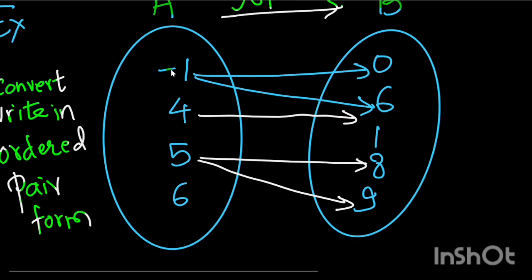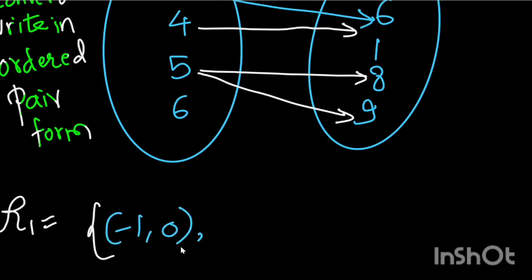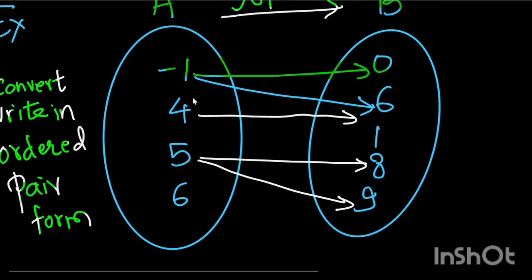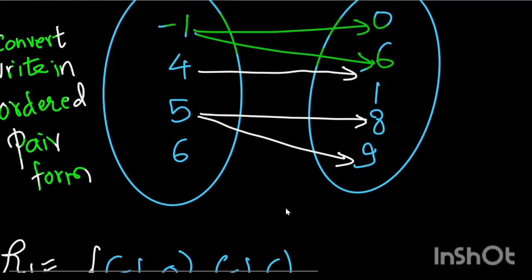The meaning of the -1 arrow 0 is that in ordered pair representation it should be the ordered pair -1, 0. Similarly -1 arrow 6 means -1, 6 in ordered pair, followed by the next, which is 4 comma 6. So 4 comma 6 we will write like this, guys.